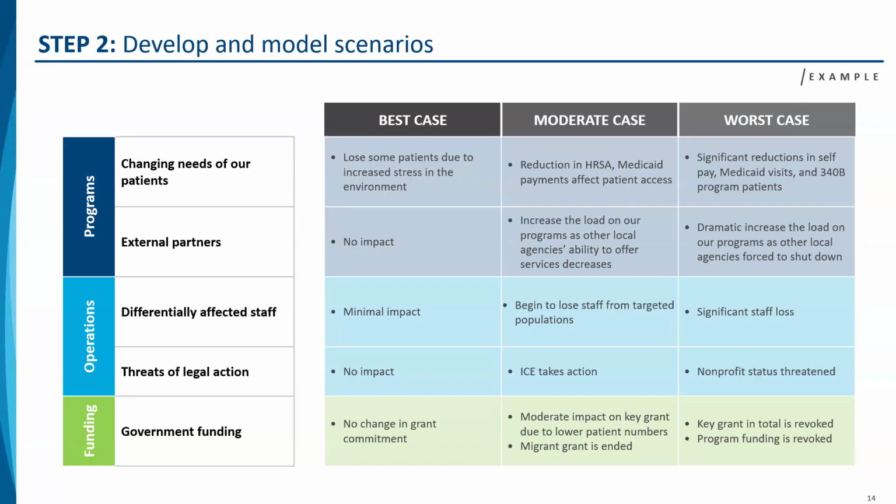In the landscape of external partners this organization's patients could also engage with, the best case might be no impact, but in a worst case, the other nonprofits, those organizations that your same patients go to, might shut down, leading to a dramatic increase in patient need and then an increased burden on your programs.